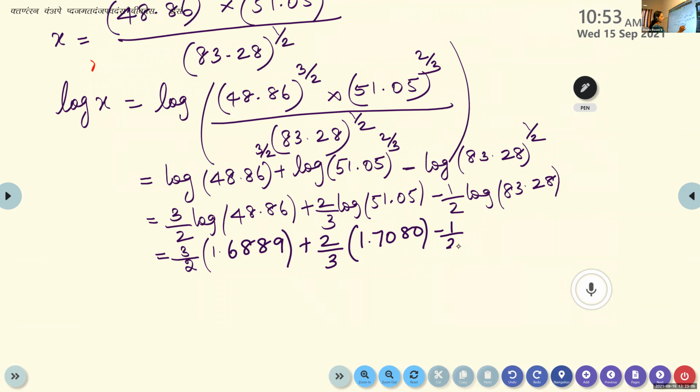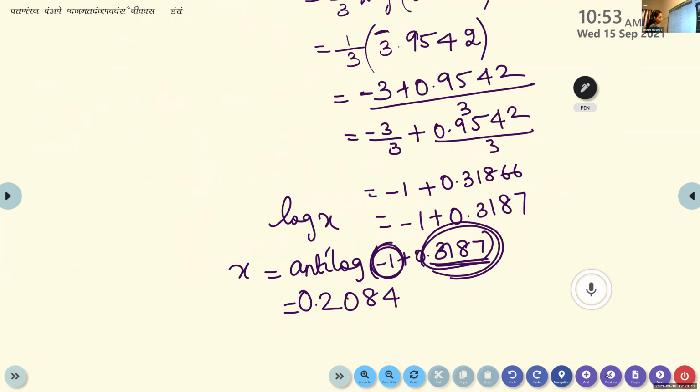Minus half into 83.28. 1.8328. Again, use the log table. 8328.